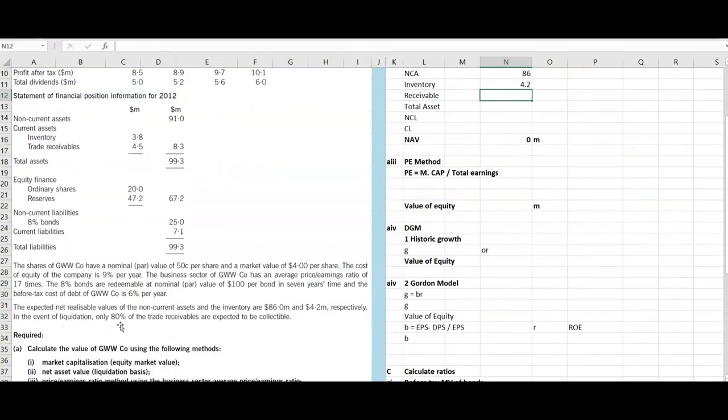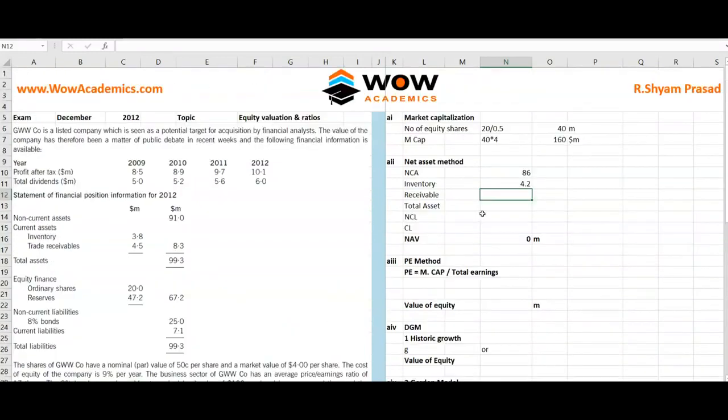In the event of liquidation, only 80% of the trade receivables are expected to be collected. So receivables will be only 80% that can be collected. We'll work it out: 80% times the receivables amount. The receivables amount comes to 4.5.